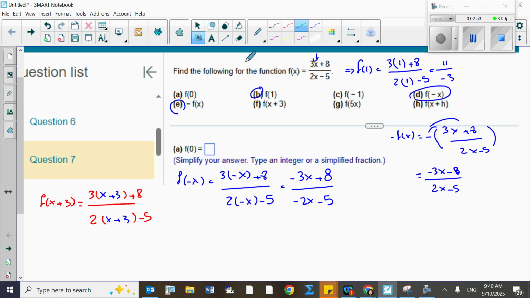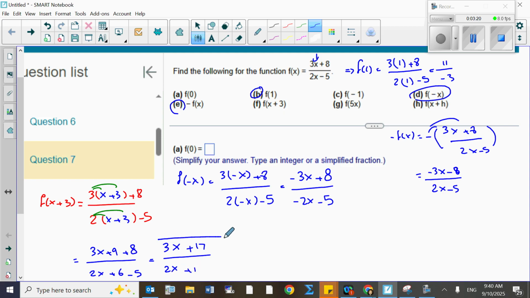Now I can simplify by distributing the 3 to this parenthesis and this one over here. So I will have 3x plus 9 plus 8 on the top, and then 2x plus 6 minus 5 in the bottom. And I can simplify: 3x plus 17 over 2x plus 1. So this is f of x plus 3.